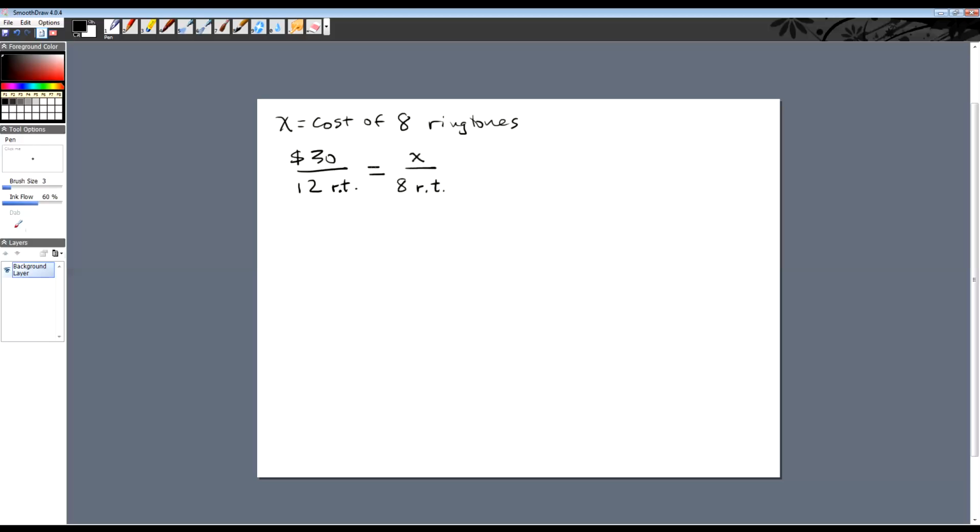We'll abbreviate that as RT. So we have a ratio problem here. So this is 30 times 8 equals 12 times x. 30 times 8 is 240 equals 12x. Divide both sides by 12. Any number divided by itself is 1, so these go away. So 240 divided by 12 gives you 20.